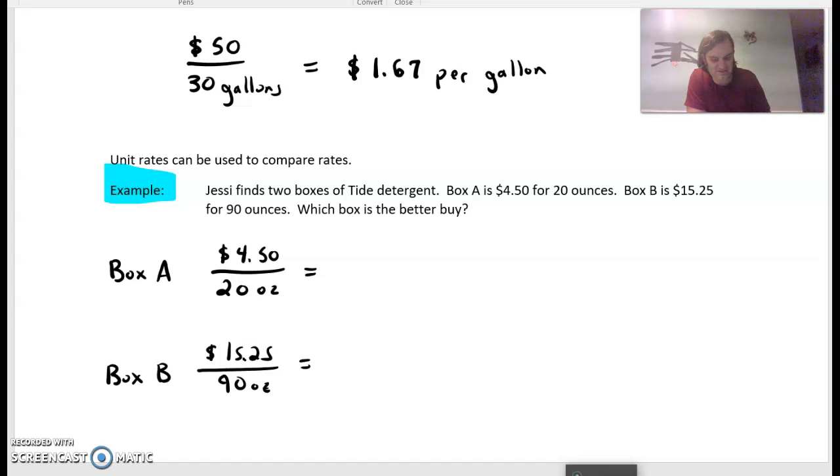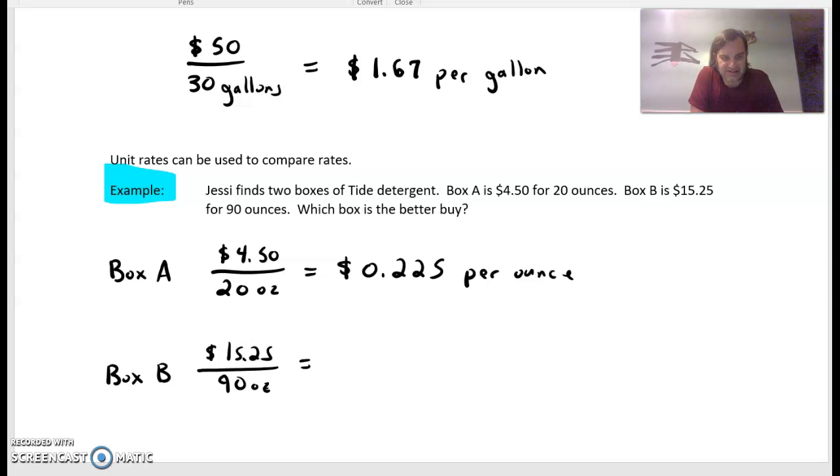So that's where we'll go to the unit rate. So 4.50 divided by 20 is basically 22.5, or 23 cents per ounce. So every ounce costs us about 23 cents when we buy box A.